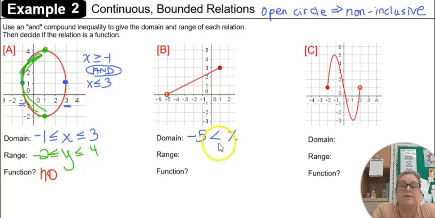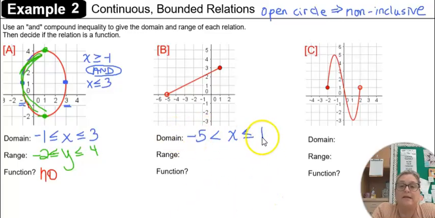We won't have an equal sign with it because it's an open circle. Okay, now the upper bound of the domain, the highest possible x value, is a closed circle. So the x's are less than or equal to 1. Right?